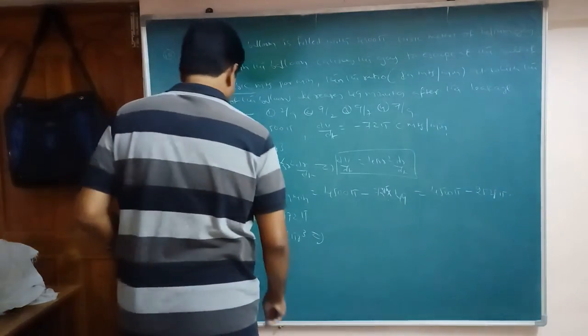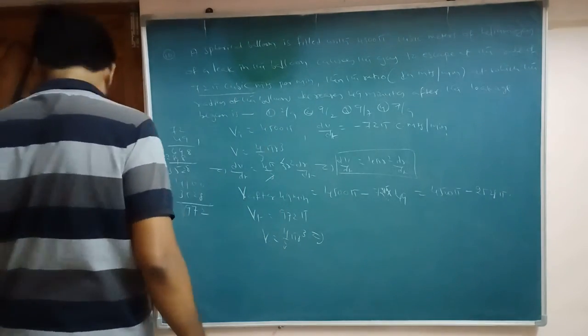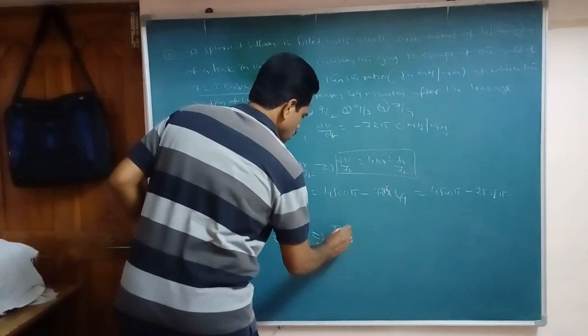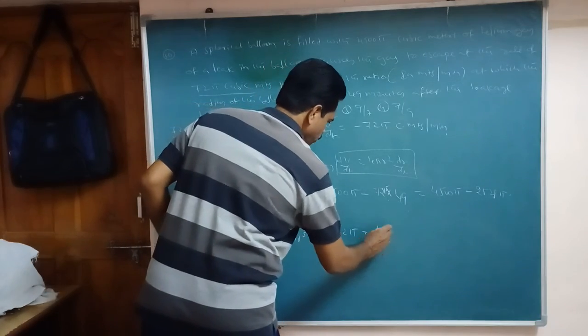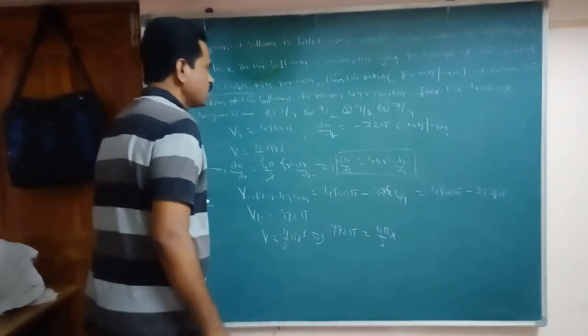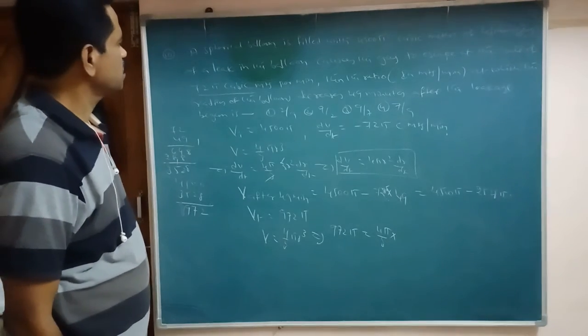That is 972 pi equal to 4 pi by 3 into r cube.